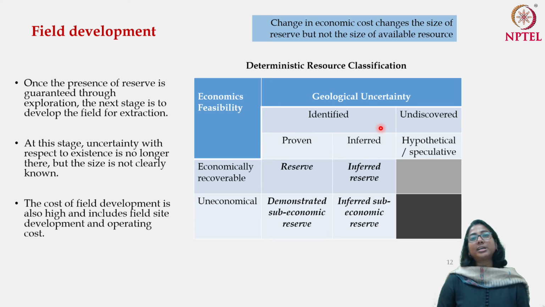With technological advancement, it's possible that you go for more sophisticated exploration techniques and therefore you identify more and more reserve. So this is the soft category that is available. However, the boundary between these categories is kind of flexible in terms of economic availability, technology and so on.